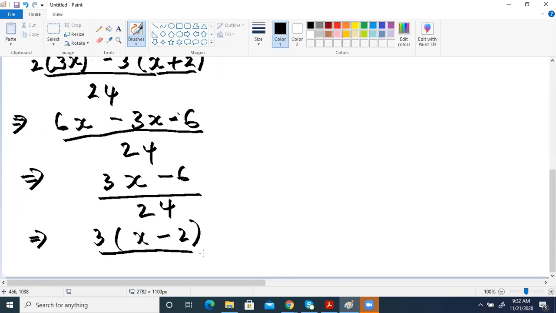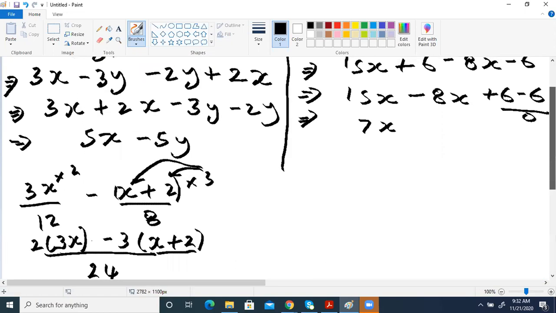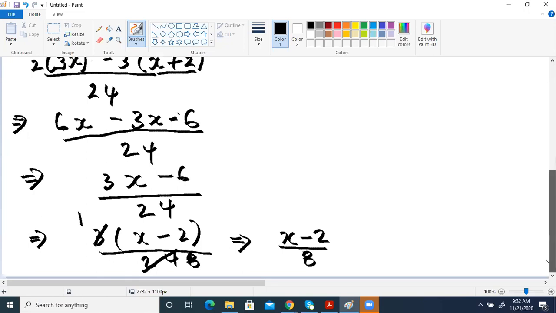And then this is over 24. 3 can go into itself 1, and 3 can go into 24, 8. So at the end of the day, it is simplified from this up top to just x minus 2 over 8.